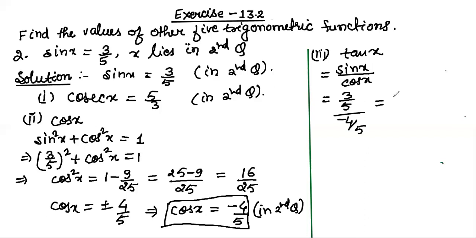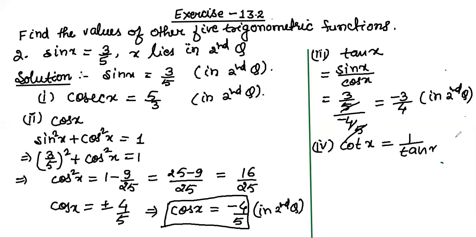So according to that, we have minus 3 by 4. In the second quadrant, tan is again negative. Next, we can find cot x. Cot x means 1 by tan x. So it is minus 4 by 3. In the second quadrant, cot is negative. So cot x equals minus 4 by 3.